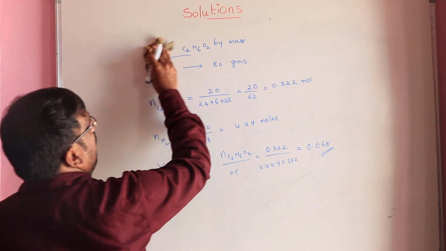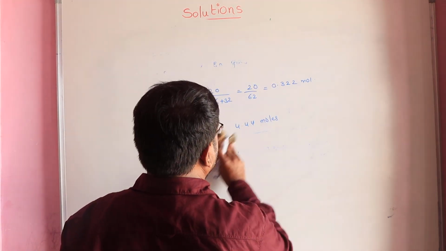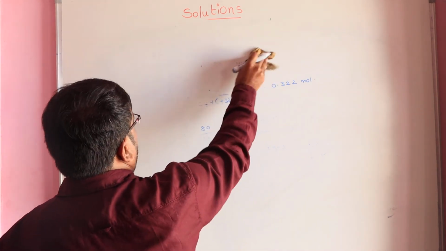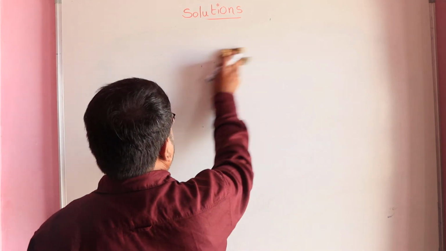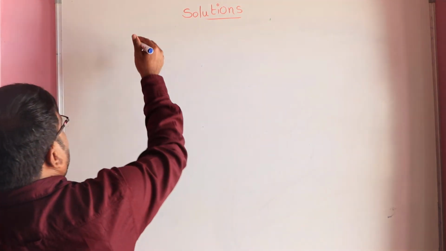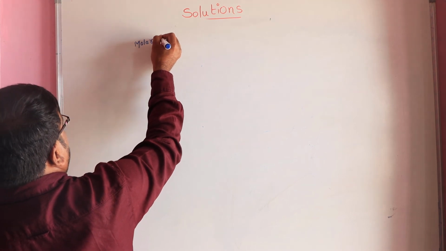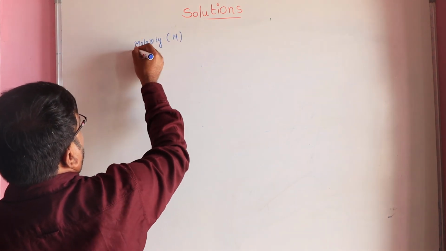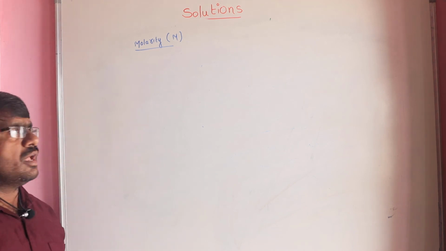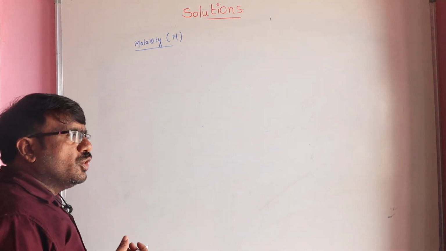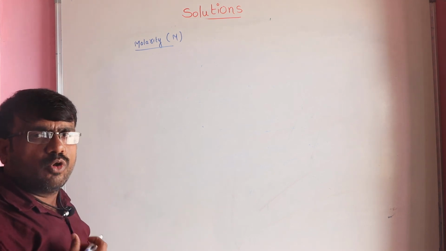Then after that I want to explain the next concentration term, that is molarity. Molarity is denoted by capital M. What is the definition of molarity?